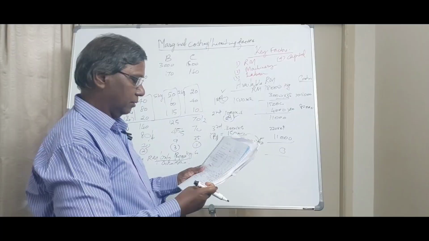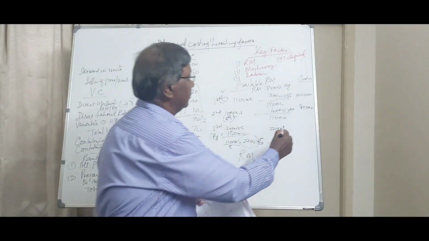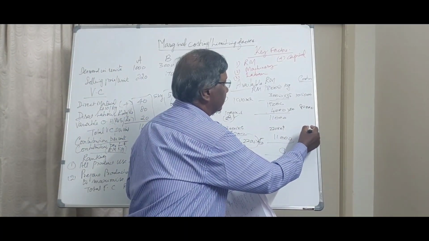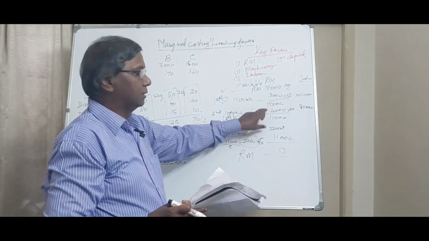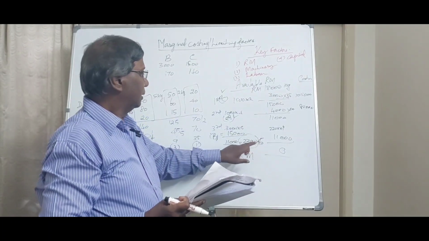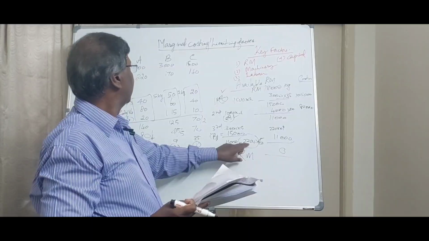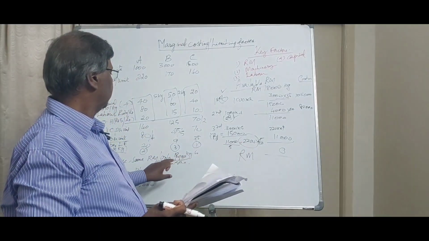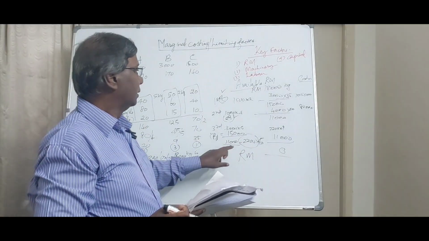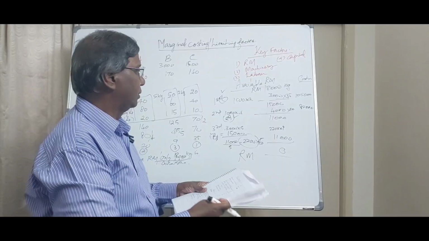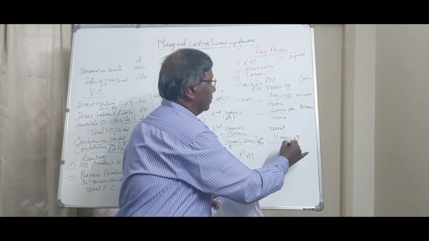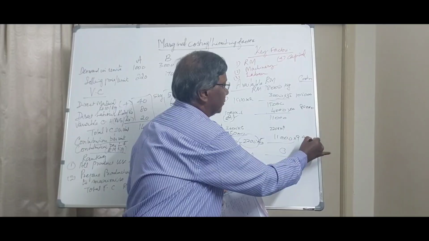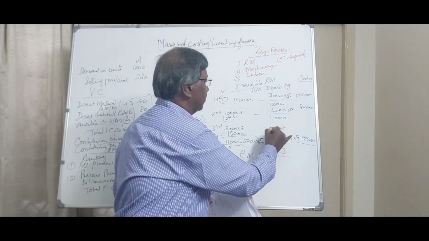So in this case 80,000, in this case 1,05,000, and in this case the last is B, so 11,000 into 9 is 99,000.